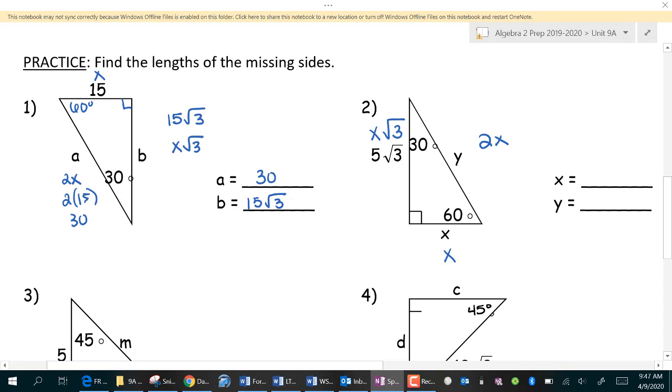So fortunately, if I know that X root 3 has to equal 5 root 3, the root 3's cancel out on both sides, so that means X equals 5. So that means across from my 30-degree is just 5, and then 2 times 5 gives me 10 across from the 90, or side Y.